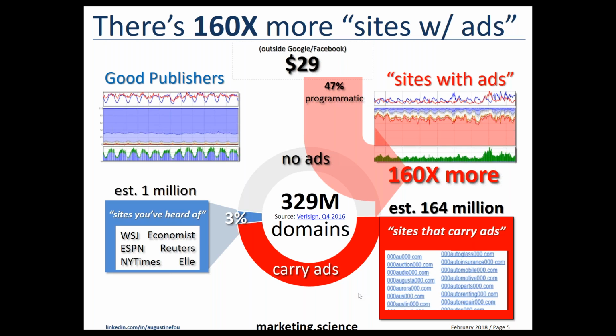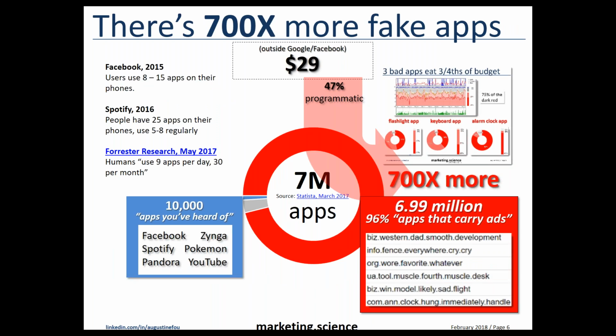And then on top of that, you can think about the mobile side, right? So as more and more dollars pour into mobile marketing, there are mobile apps that are designed to run ads, right? So if you look at some of the names of these apps on the right-hand side, you'll be very clear that they're not real.